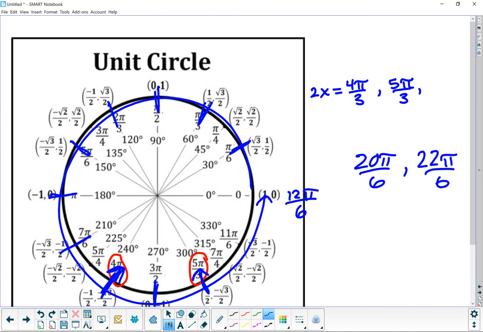Right? So 20 pi over 6, if I reduce that, I can, and we have it on ours, but I don't have it with me right now. So I can divide both of them by 2. So divide 20 by 2, I get 10. 6 by 2, I get 3. So my other answer is 10 pi over 3.